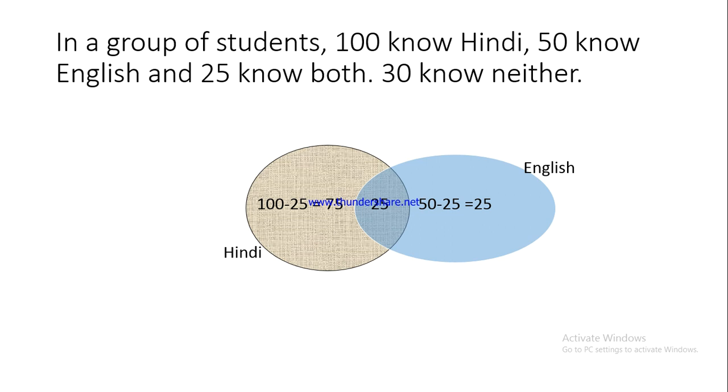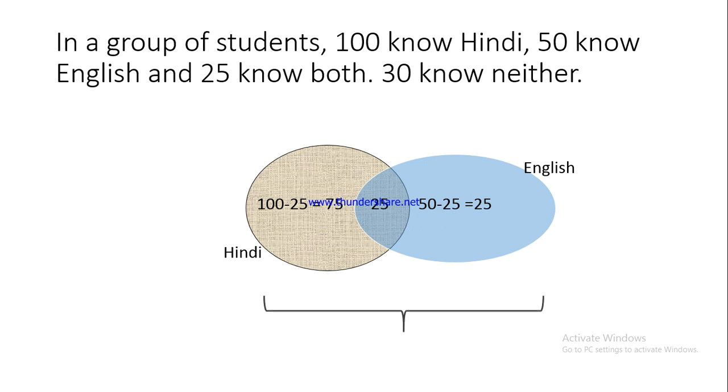So this is what we had done already, so I'm not going to discuss that again. But now what you have to do is, you have to find out the total value of the two figures that are shown here, the two circles that are shown here and which are overlapping also.